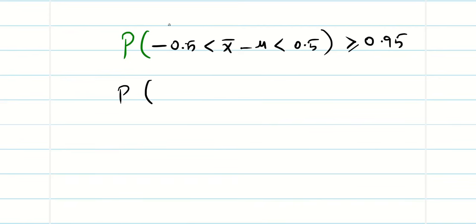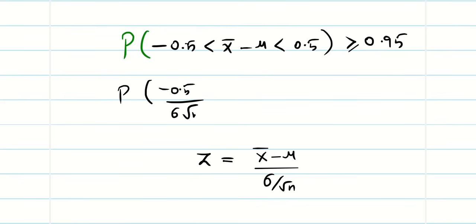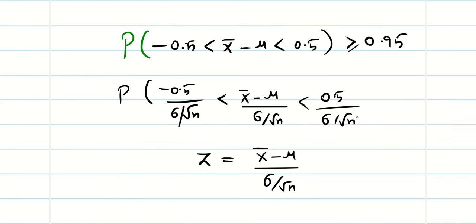I want Z. Since it is an x bar problem, I have to get the Z like this, so I am going to divide by sigma by root n. So x bar minus mu over sigma by root n, and 0.5 over sigma by root n, greater than or equal to 0.95.